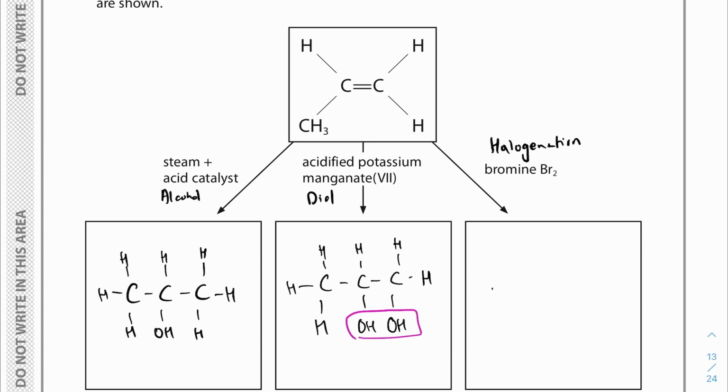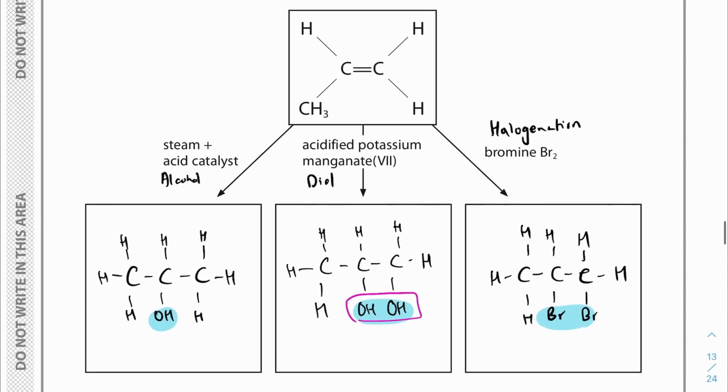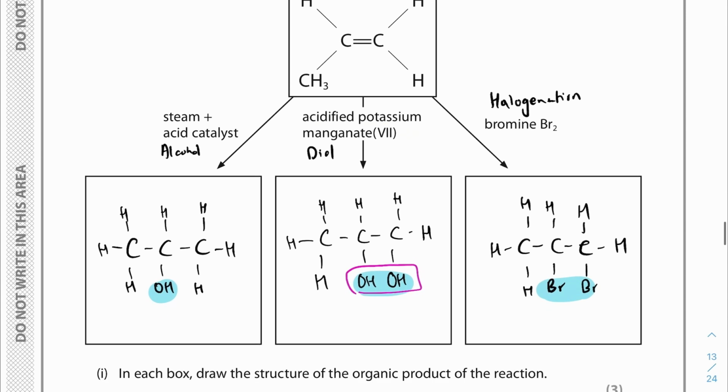So in this case, that will be H, C, C, C, H, Br, Br, H, H, H, and H. So these are the 3 marks to get: adding 1 OH group, adding 2 OH groups, and adding 2 Br atoms. So in each box, we have drawn the structure of this product.